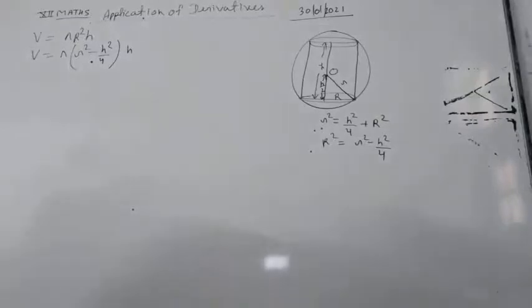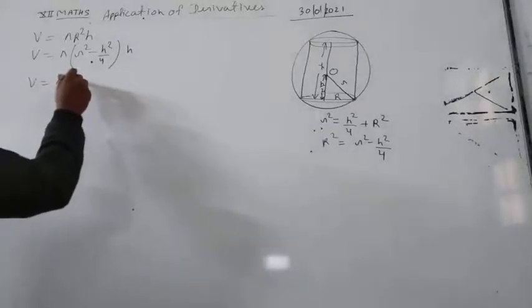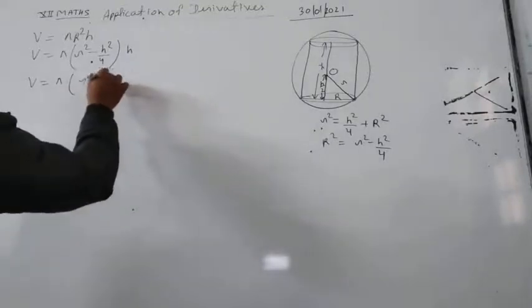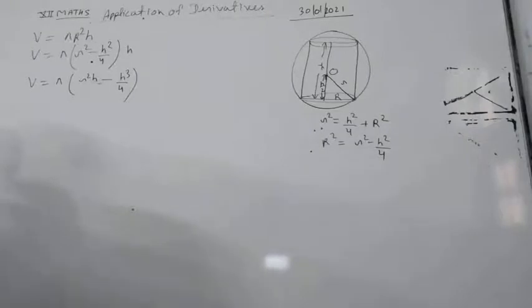So when we multiply inside by h, we get V is equal to pi times r square h minus h cube by 4.